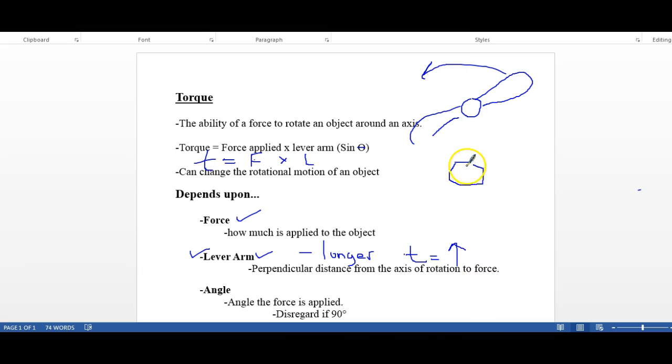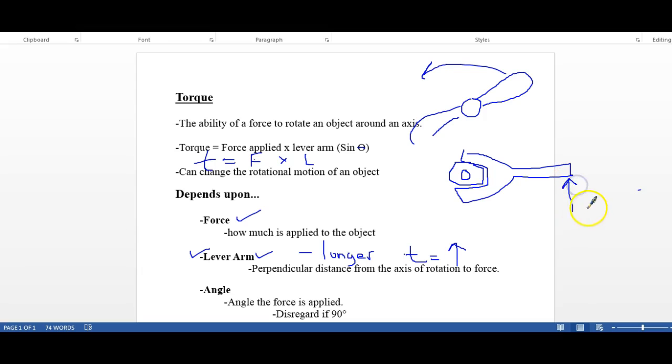Okay. And then we put this wrench on here, right? And you'll notice that the best angle is straight up and down.